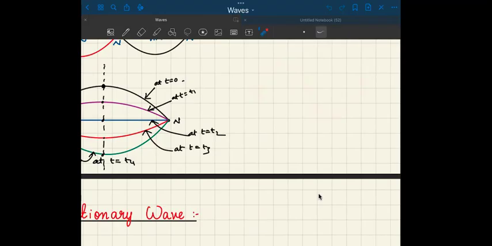Whereas in a stationary wave, the phase difference between any two particles is either 0 or pi. Within the loop, 0. Within neighboring loops, pi. Got the point?